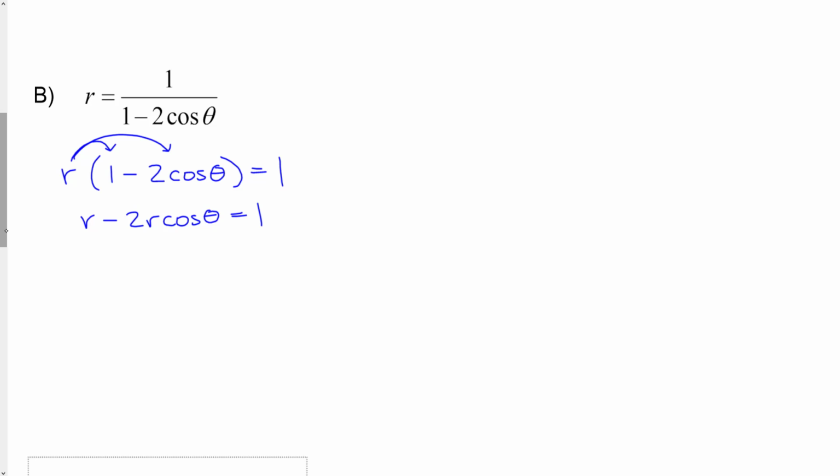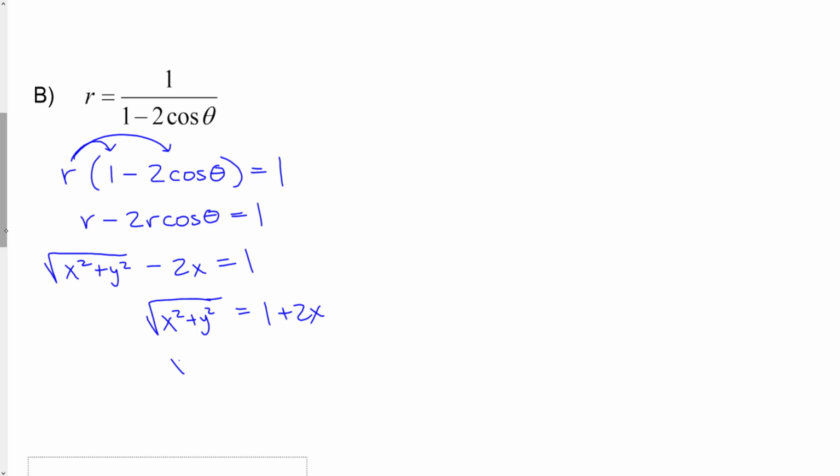r I can change into the square root of x squared plus y squared if I like. But r cosine theta I can make just an x. So I end up with here the square root of x squared plus y squared equals 1 plus 2x.